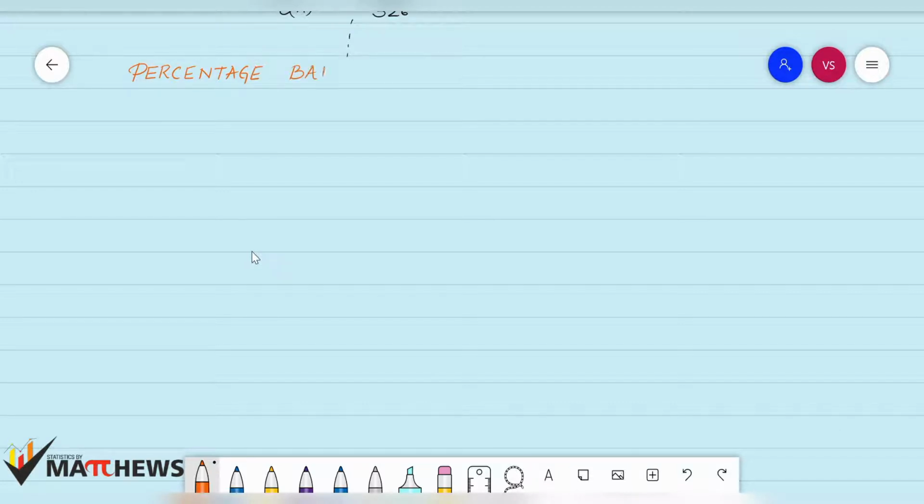Percentage bar diagram representing the marks of two students.